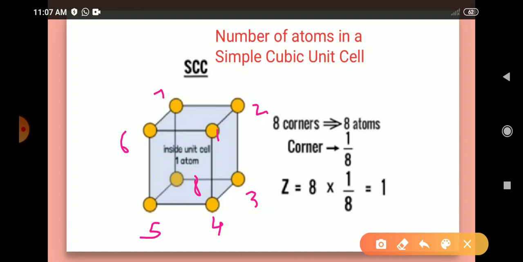There are 8 particles at the 8 corners, and the contribution of each particle at the corner is 1/8. So what will be the total number of atoms? 8 corners into 1/8 is equal to 1. So the total number of atoms present in the simple cubic unit cell is 1.